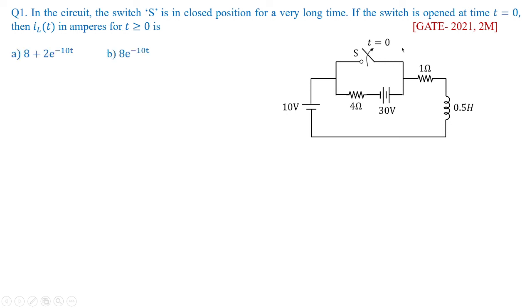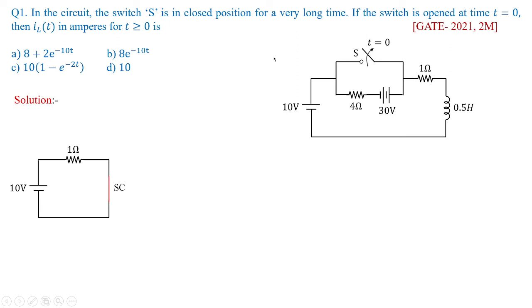According to the given options, you have A, B, C, D. If the switch was closed for a long time, this is shorting 4 ohms and 30 volts. In fact, you are left with input 10 volts, resistor 1 ohm, and the inductor, which for a long period becomes a short circuit.